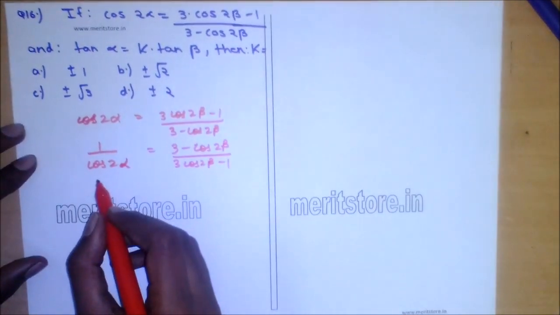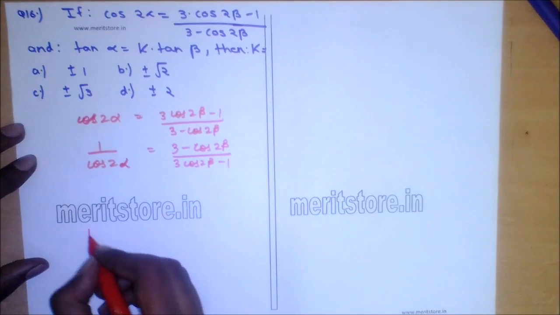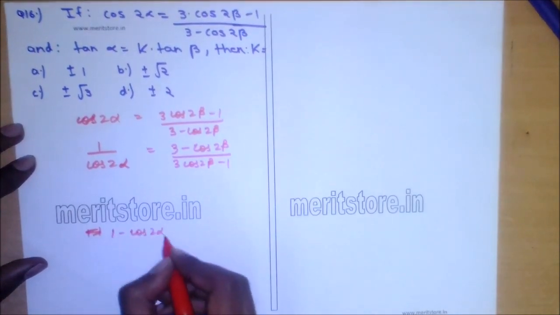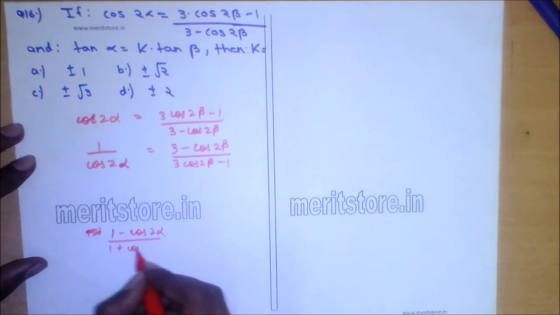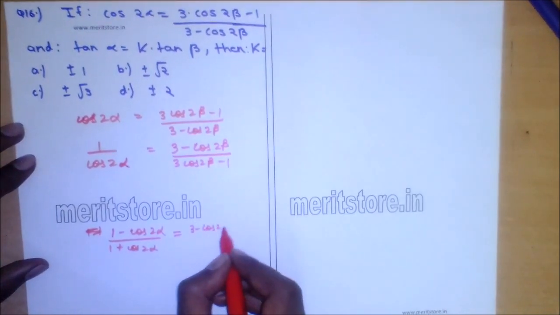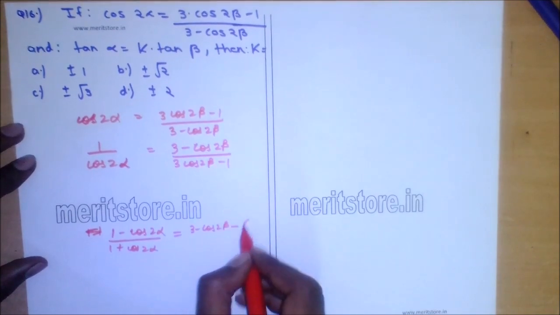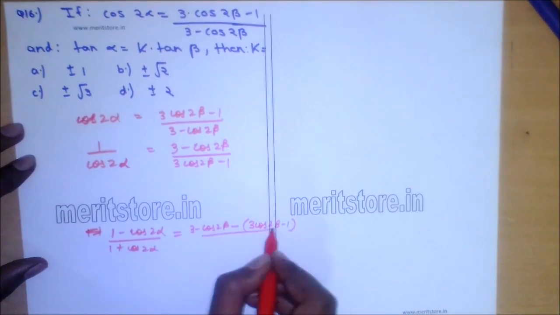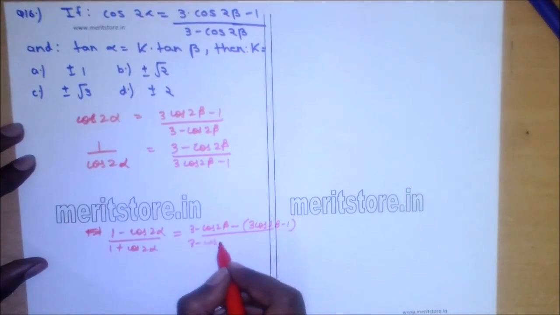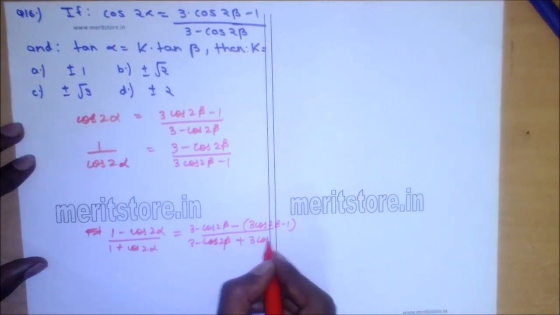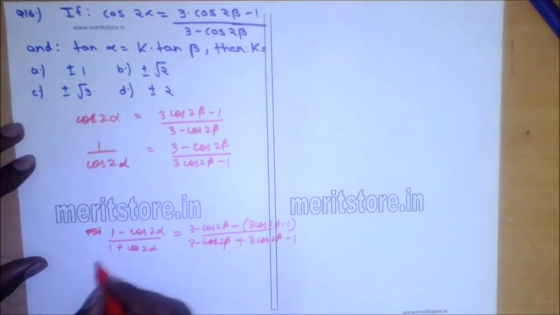So now we apply componendo dividendo rule. We get 1 minus cos 2 alpha upon 1 plus cos 2 alpha equals (3 minus cos 2 beta) minus (3 cos 2 beta minus 1) upon (3 minus cos 2 beta) plus (3 cos 2 beta minus 1).